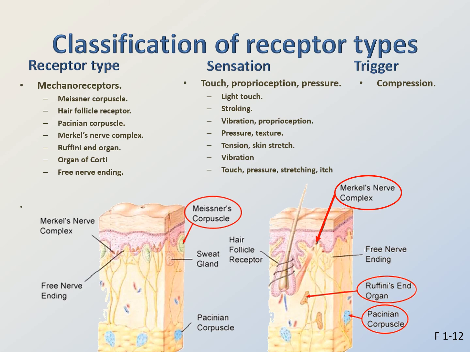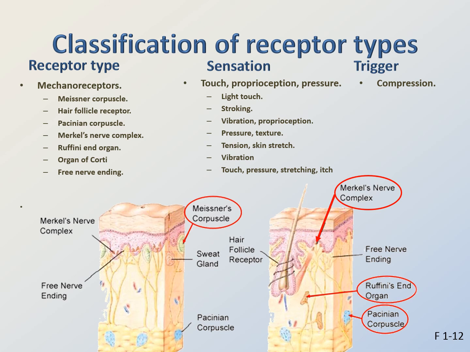We have the organ of Corti, which responds to vibration, and this hair cell type of receptor is located in the ear. The vibration is generated by sound.